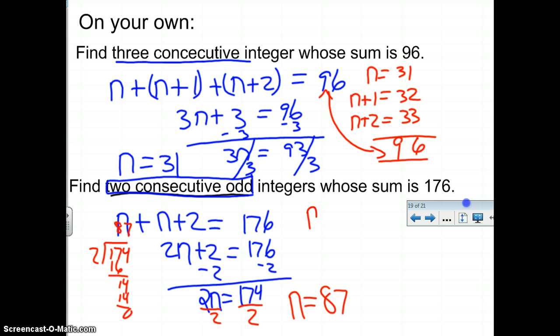So my first integer is 87. My next integer is n plus 2, so I add 2 to 87 and I get 89. Again, if I want to, I can add those and check my work. 7 plus 9 is 16. Carry the 1. 16 and 1 is 17. So it does check out.